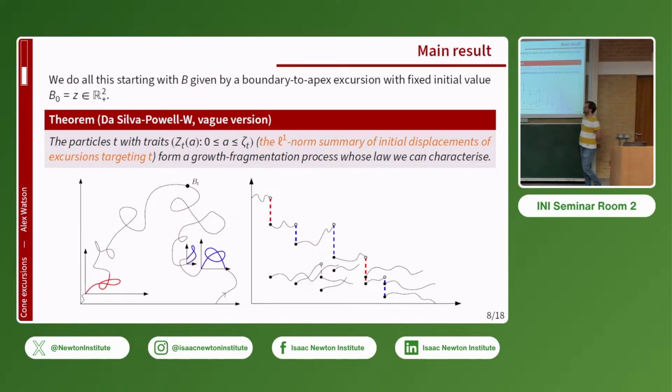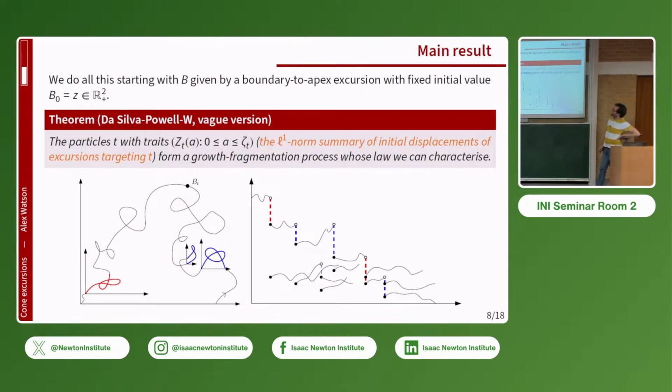And the theorem more or less says that the picture on the right corresponds to the picture on the left. Basically, that the things I've told you so far are true. So this is a vague version.